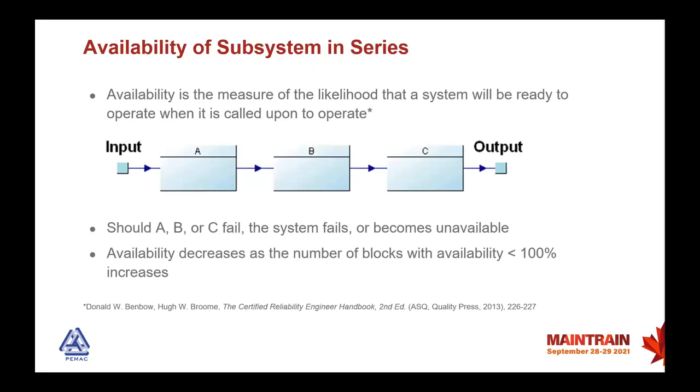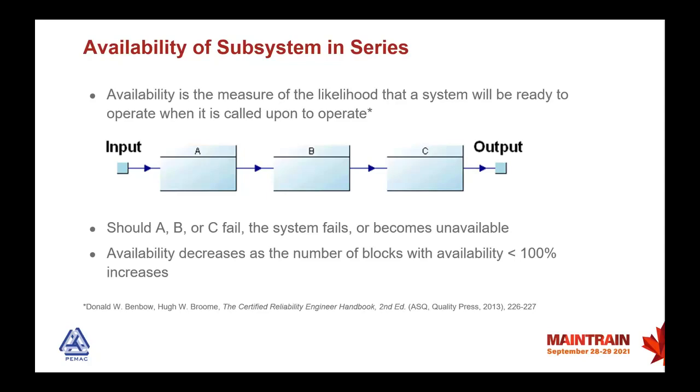So just to go over some basics of reliability block diagrams, and especially how the software that I was using views availability, we'll look at a simple subsystem in series. Availability is the measure of the likelihood that a system will be ready to operate when it's called upon to operate.